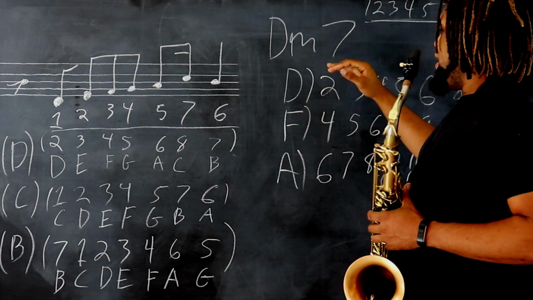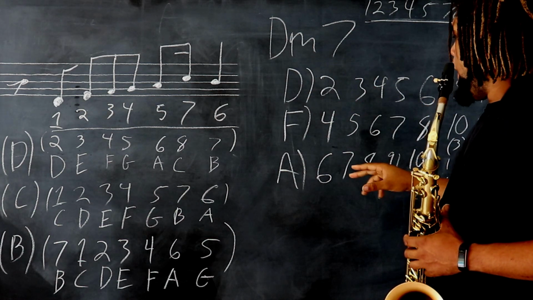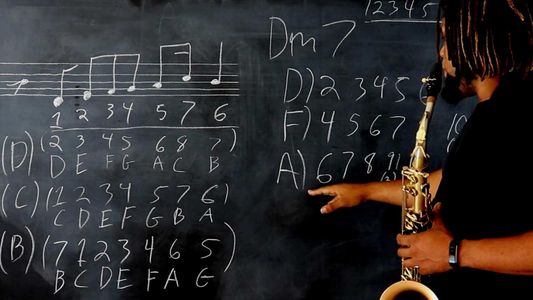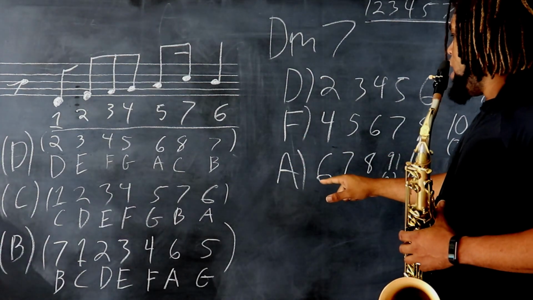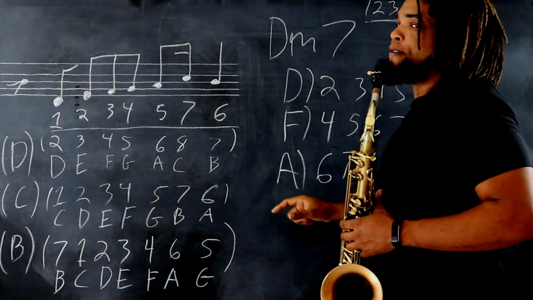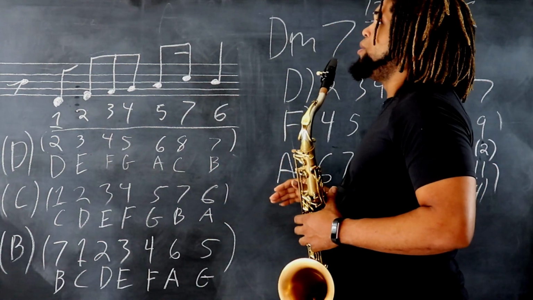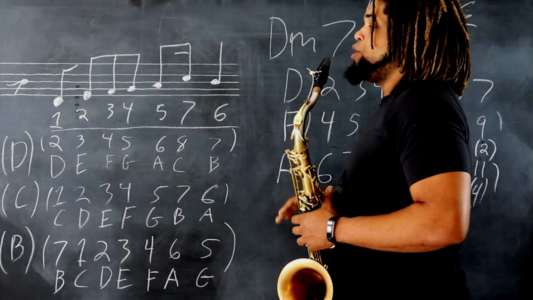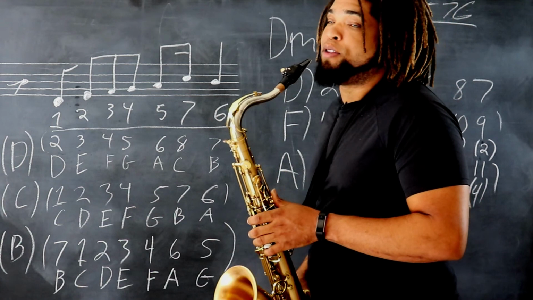So this D minor 7 pattern using this motif would be really good if there was ever a time in any song that I wanted to resolve on the 5 of the G, wherever I wanted to resolve on the G.